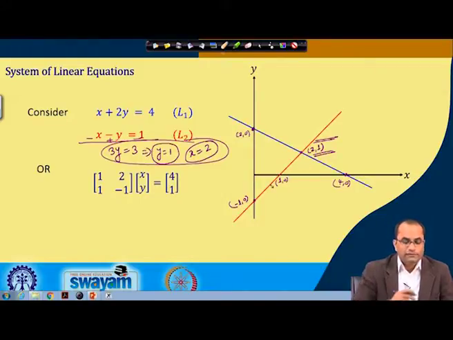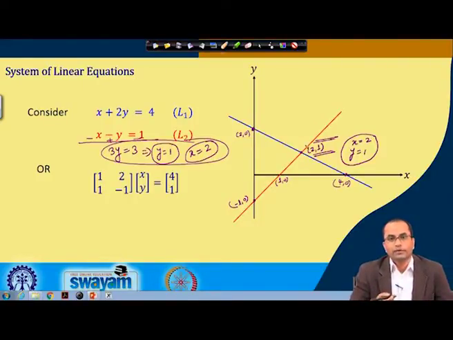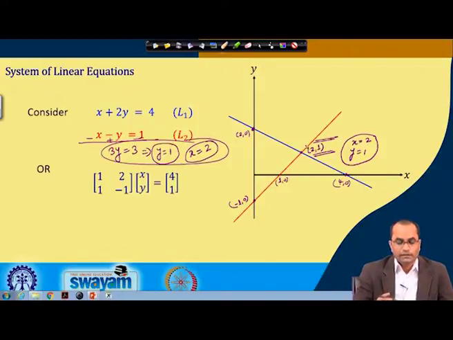So, the solution of this system is x is equal to 2 and y is equal to 1, and the other point to be noticed is that this is the only point where these two lines intersect, or this is the only common point on both the lines.